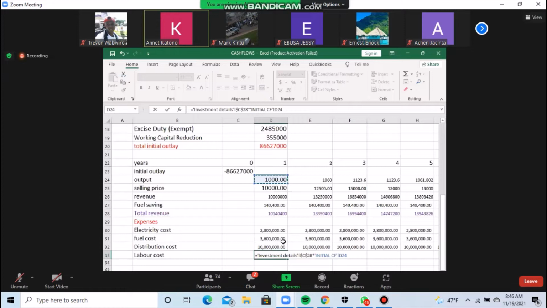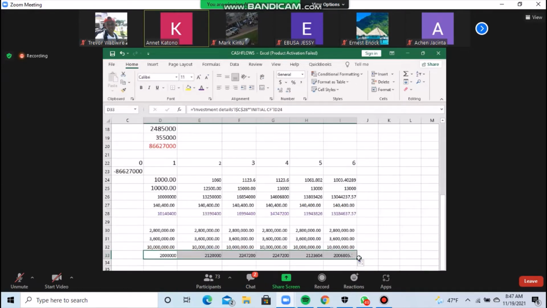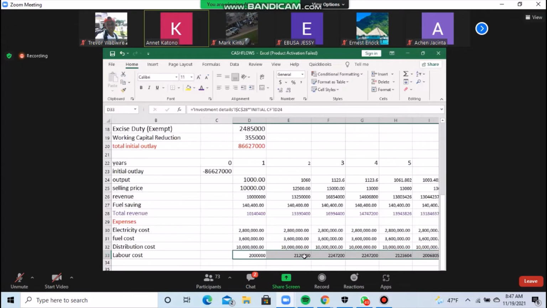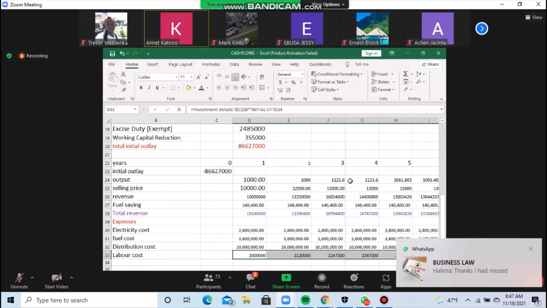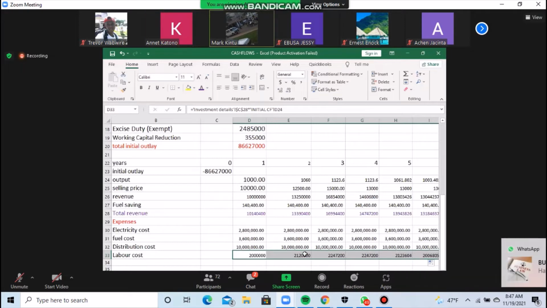So enter. So in year 1, this is going to be my labor costs. So 2 millions, autofill to get the labor costs for all the other years. So it keeps on changing. It is not constant. I think you can see why we have varying outputs. Much as the cost per unit is the same, we have different outputs per year. Therefore, even our labor cost is going to keep on changing. It is not constant.